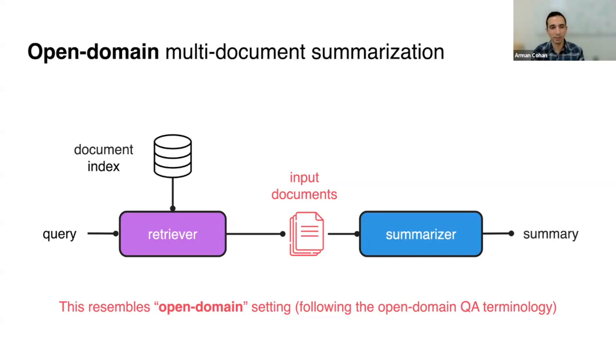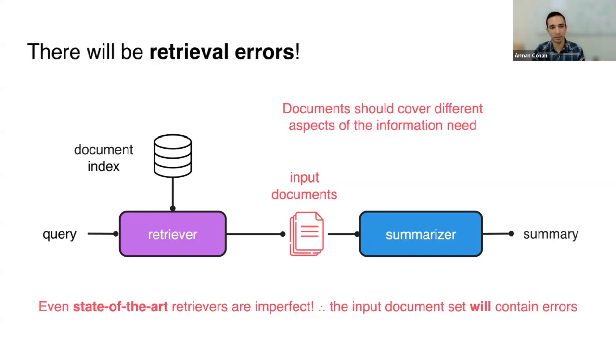It's more like retrieval augmented generation. So our question was, given that even state-of-the-art retrievers are imperfect, what happens if these input documents that you give to summarizers are not perfect? What happens if they contain errors?